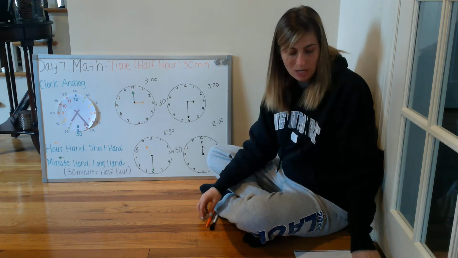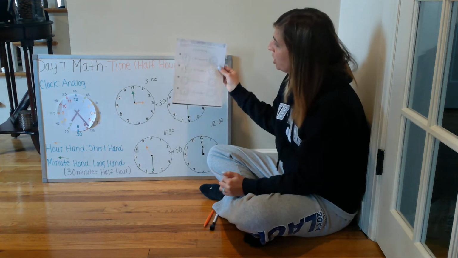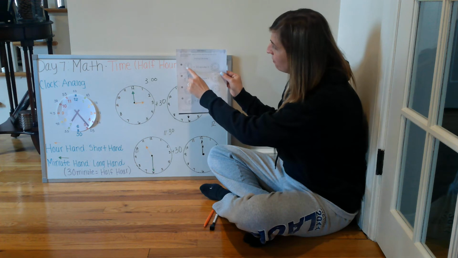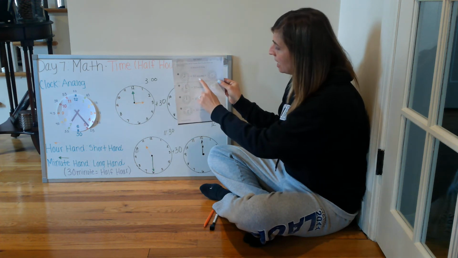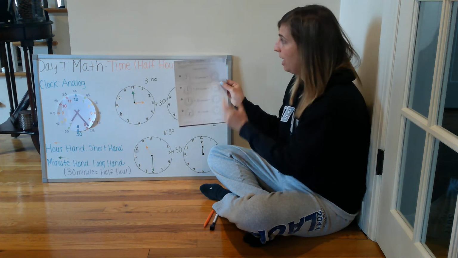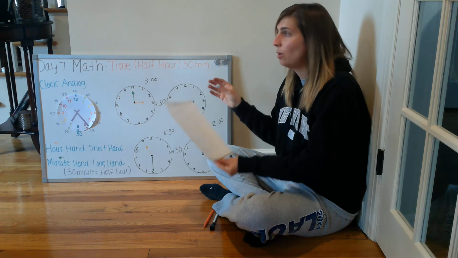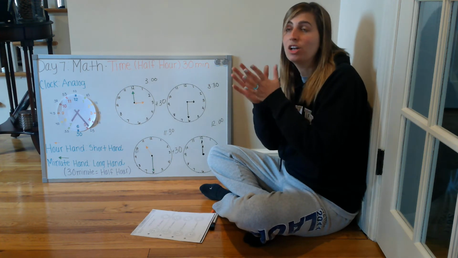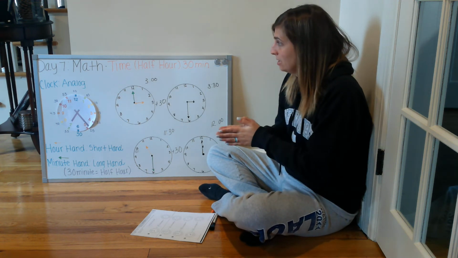Now it's going to be your turn to do the same thing on these 4 problems on your worksheet. You're going to start first in the first column by identifying your time, adding 30 minutes, and then drawing that time on this clock, okay? I know sometimes it might be a little confusing because we don't have our clock references in front of us, but I would like you to try your best.